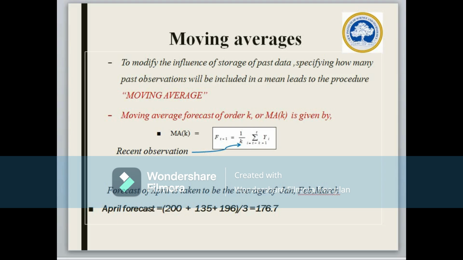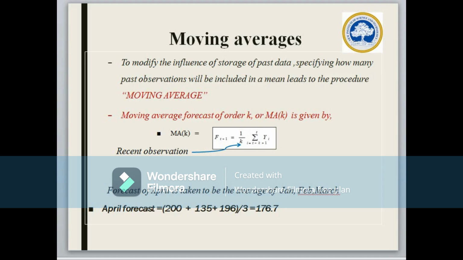Moving average forecast is based on the order k, or MA of k, that is given as f of t plus 1 equal to 1 by k of summation of y of t. That k is the recent observations. For example, here the forecast of the April month is taken as the average of January, February and March.